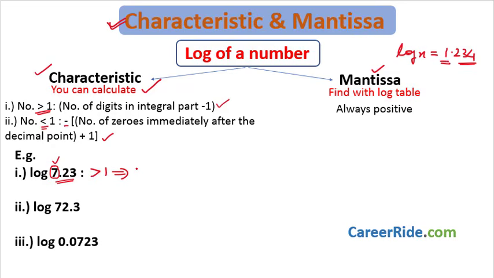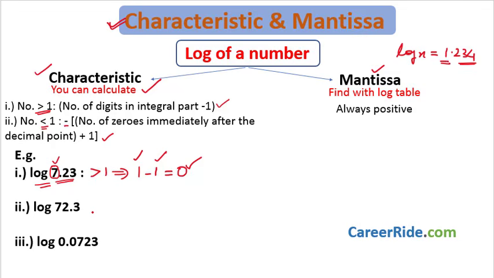So the number of digits in the integral part is 1, and minus 1, as our rule number 1 says. This is equal to 0. So the characteristic of the log of this number is equal to 0.